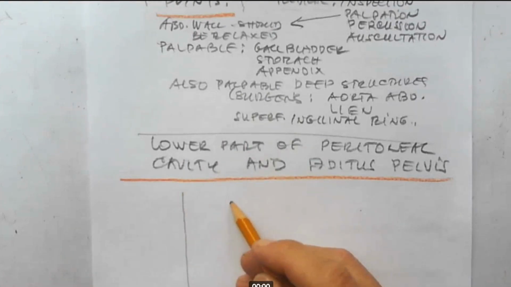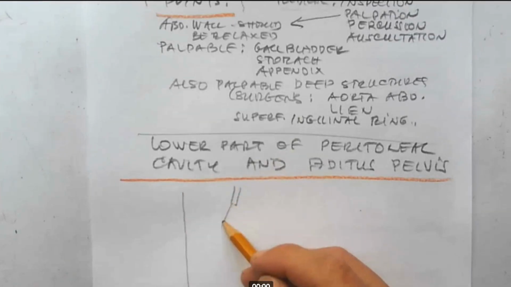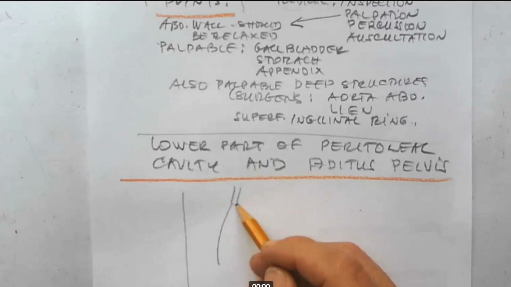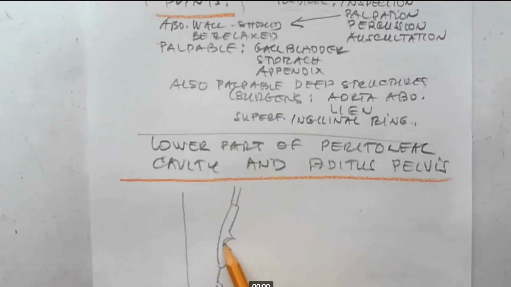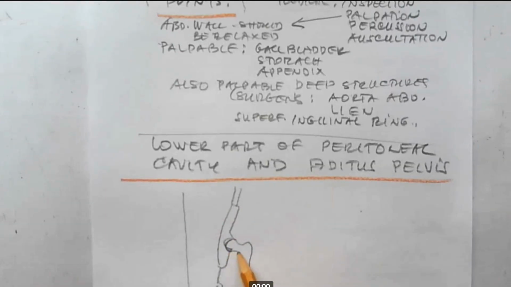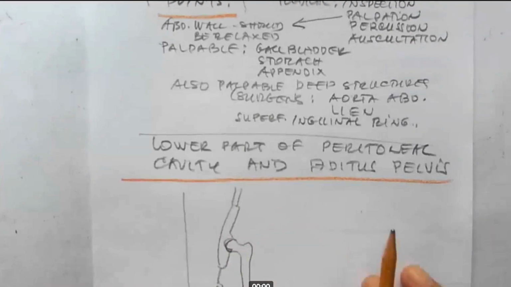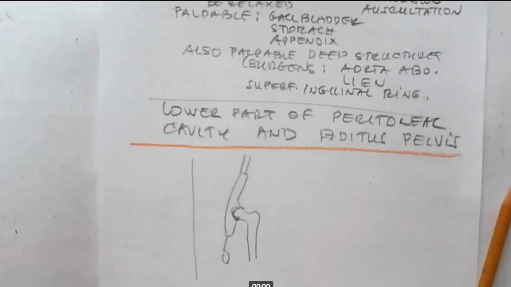Vertical half of the body, wall of the abdomen, then pelvis, bony pelvis, then the hip joint, the ischial, then the membrane and ischial tuberosity. Here must be also the head of the femur, like that. Good. Neck of femur, correct.